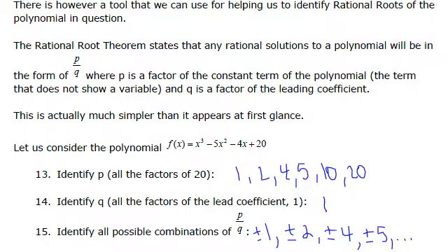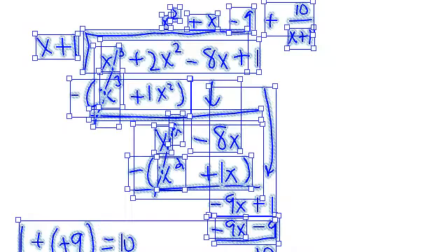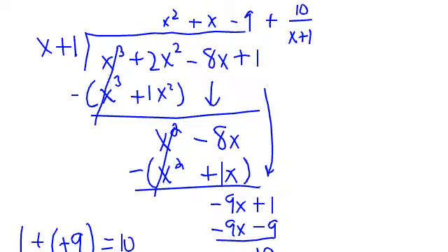So say you had 2x squared plus 5x minus 3. Your factors for 3 are 1 and 3. Your factors for 2 are 1 and 2.